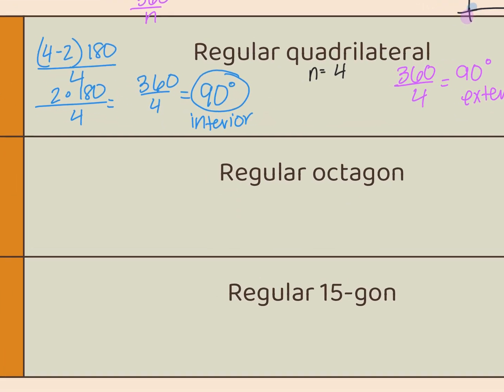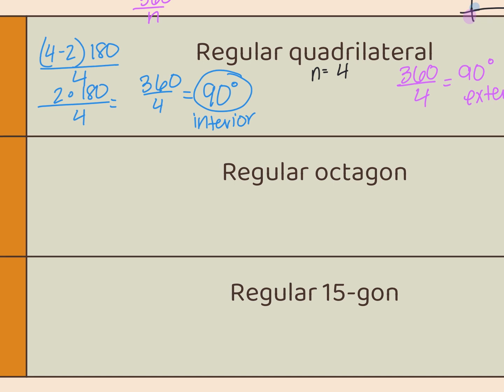So regular octagon. Octagon has 8 sides. Think of an octopus. So now I'm going to go ahead and do the same thing and plug it in. I have 8 minus 2 times 180 over 8. Solve it out. I'm going to get 6 times 180 over 8.